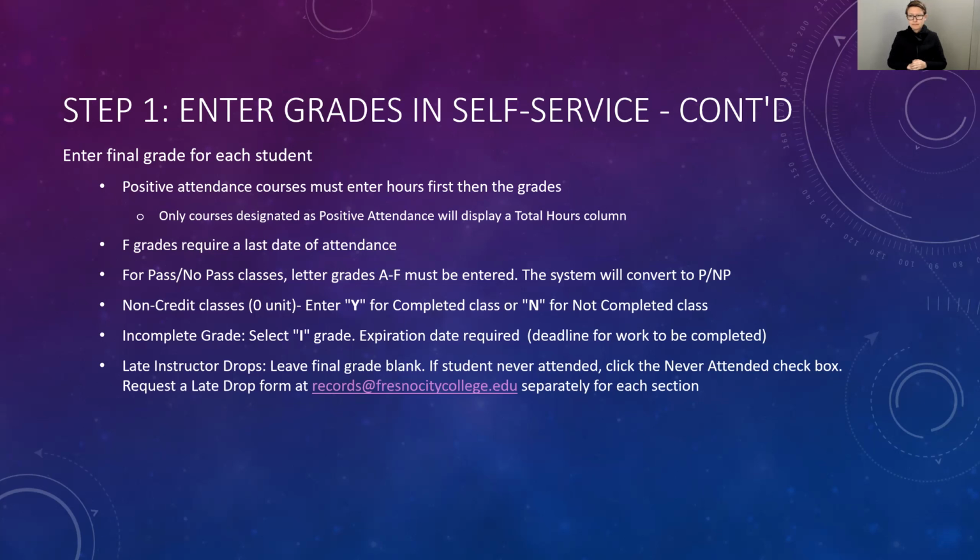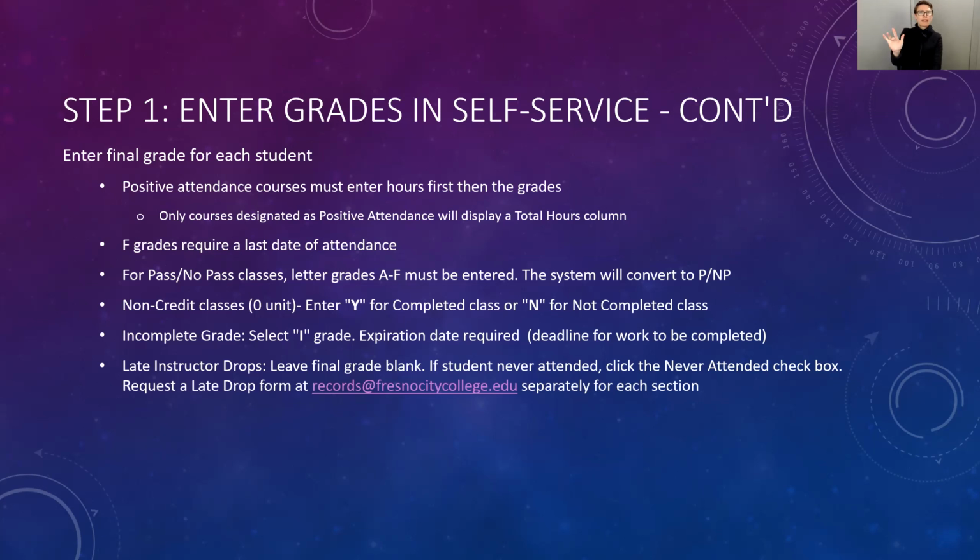Late instructor drops. If you still have drops that you either missed or maybe you thought the student was still going to be attending, but they never did, and they stopped attending prior to the last date of drop for your class, you're going to leave their column blank in the grading when you're entering grades. You can leave them blank.